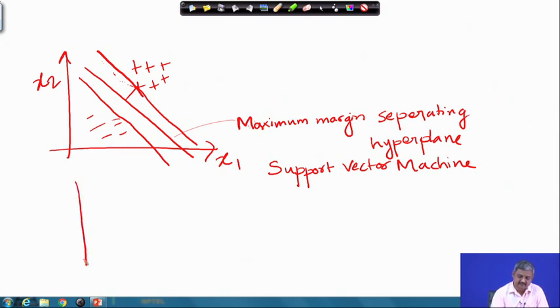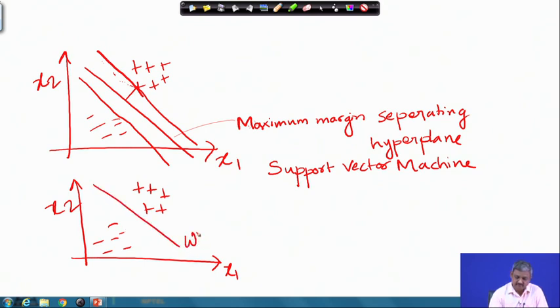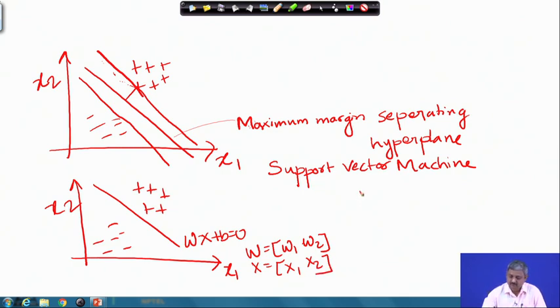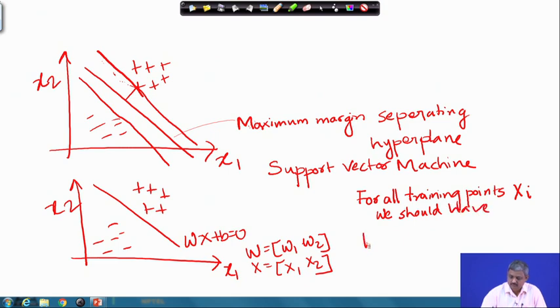The way we started was, we initially put the constraint that for a given w x plus b equals 0, where w is a vector and x is this x2 vector, for each x i we should have w x i plus b into y i greater than or equal to 0.